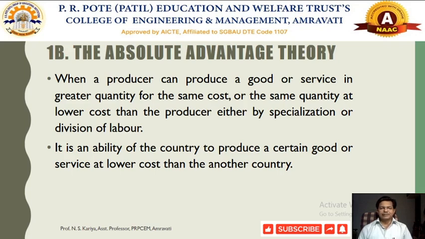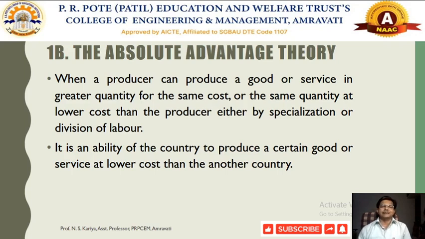So it is the ability of a country to produce any particular goods or services at lower cost compared to another country. Once they produce more than another country, the excess production is transmitted, either by means of export to another country, and they can conduct international trade.